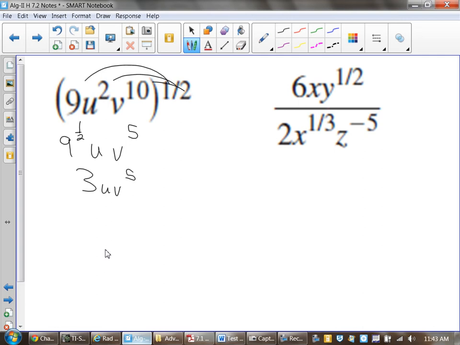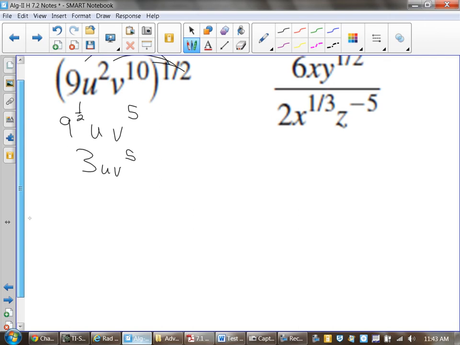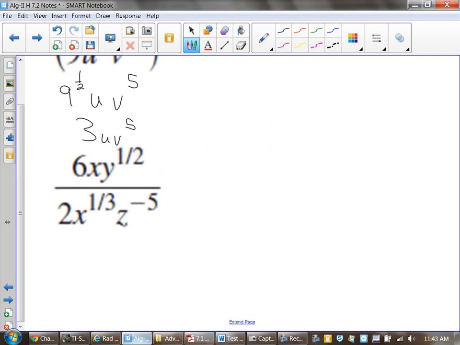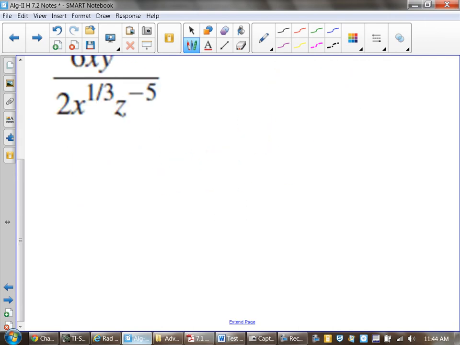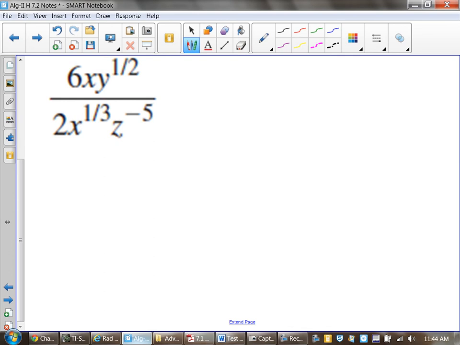So what's 6 divided by 2? 3. Y to the 1/2 is positive, so I just keep it here. The 2's been taken care of. X to the 1/3 is positive, so it stays in the denominator. Where did the z to the -5 go? Up. Good.